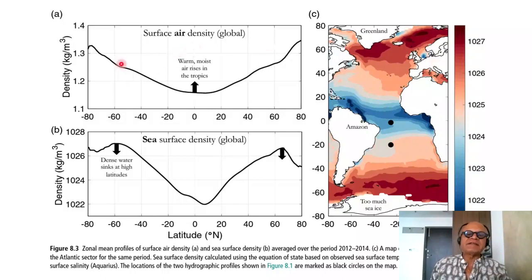The surface air density corresponds to the ocean. Where the ocean is warm, the air is light; where the ocean is cold, surface air is heavy as well. Of course, there are orders of magnitude difference in the densities. This is 1.3 kilogram per meter cube here, and this is 1000 something kilograms per meter cube, which we already know.